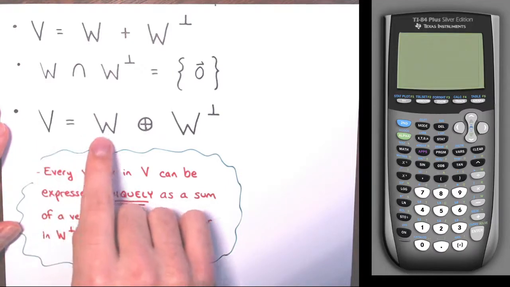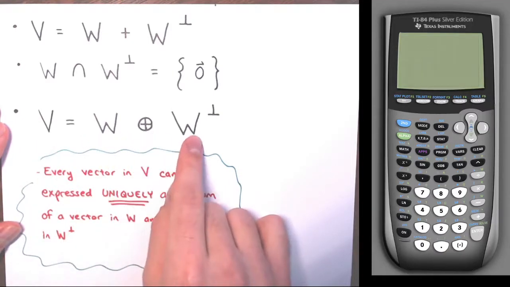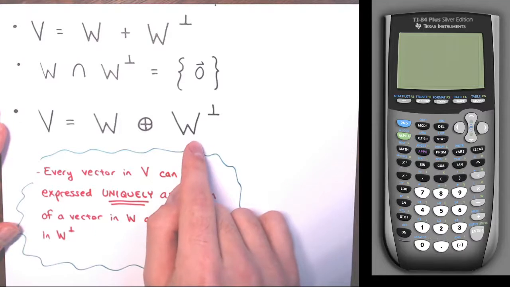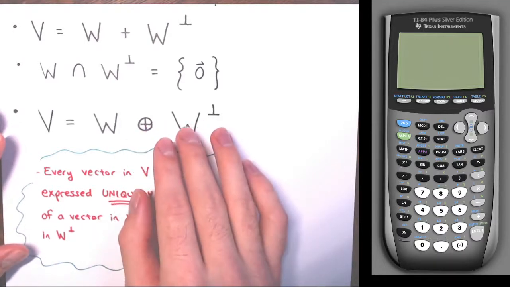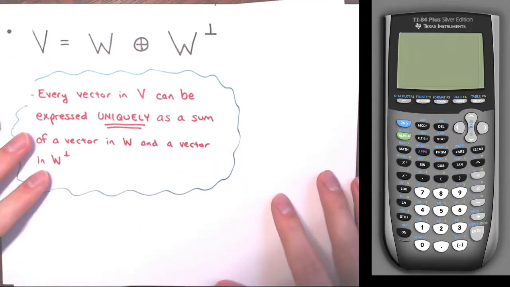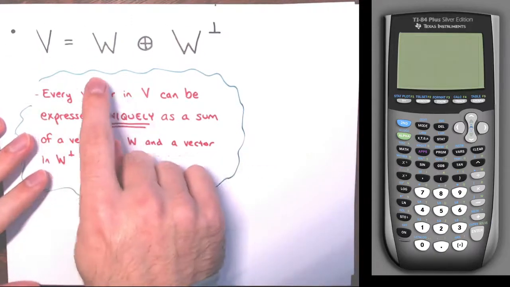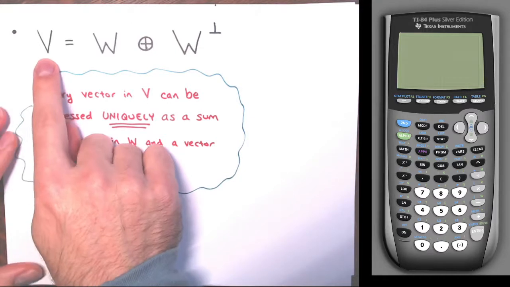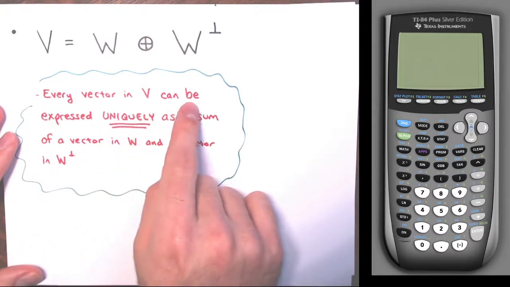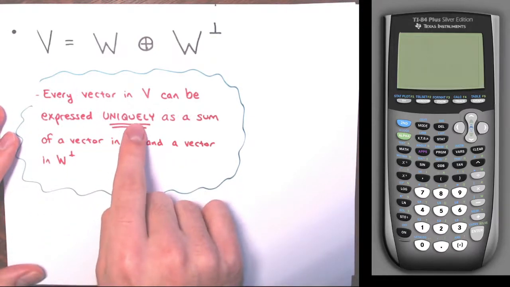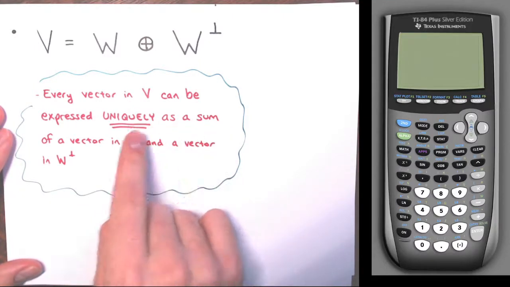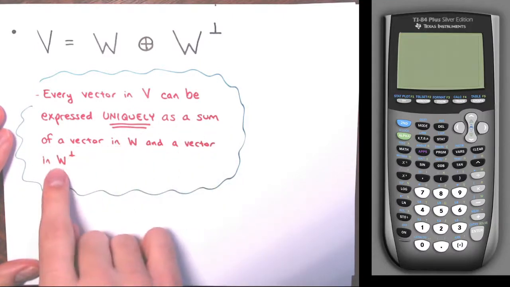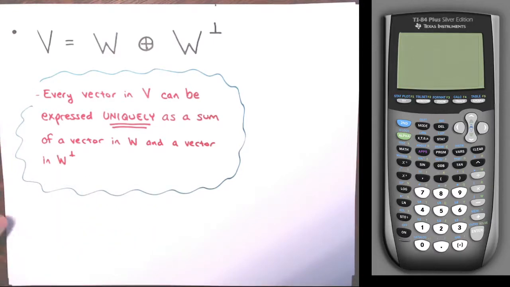So V is the direct sum of W and the orthogonal complement of W, meaning, this is a huge thing here, meaning that every vector in V can be expressed uniquely in only one way as a sum of a vector in W and a vector in the orthogonal complement of W. Alright, and that's huge.